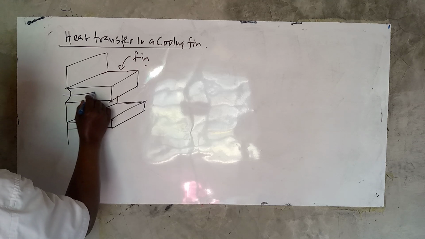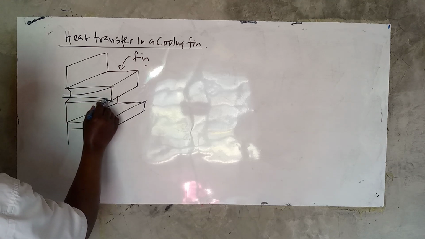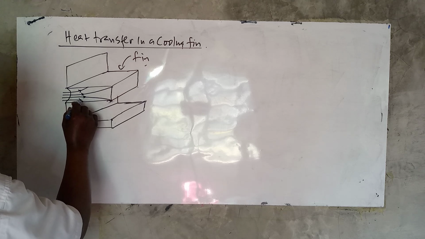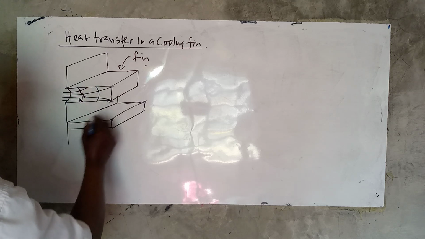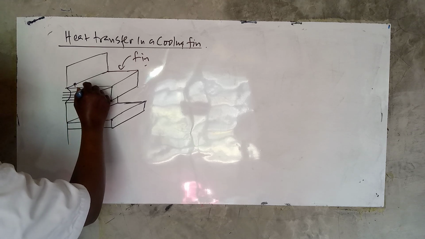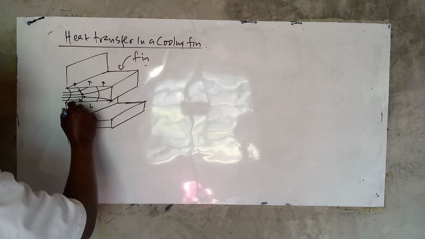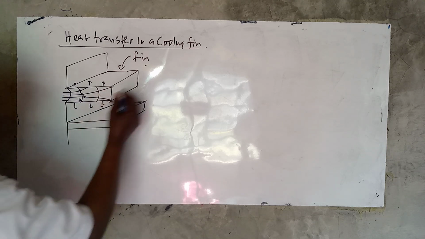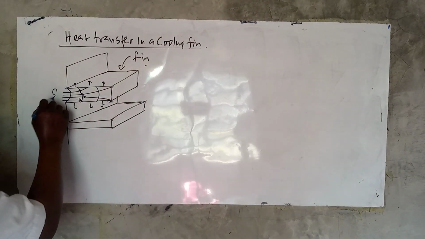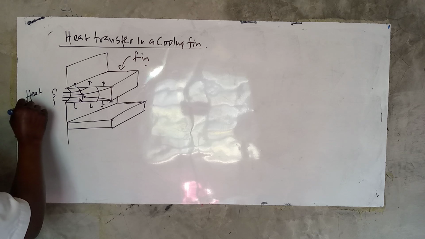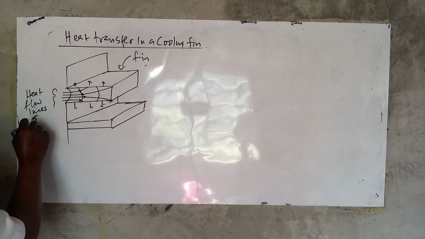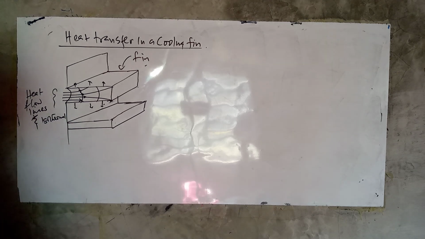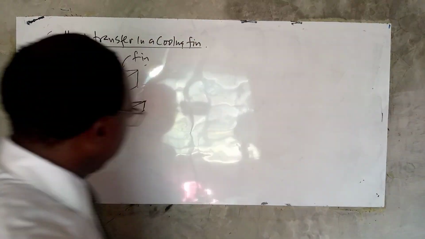So we are drawing, these are the heat flow lines, and the isothermals. What are isothermals? Remember, those are lines representing constant temperature.